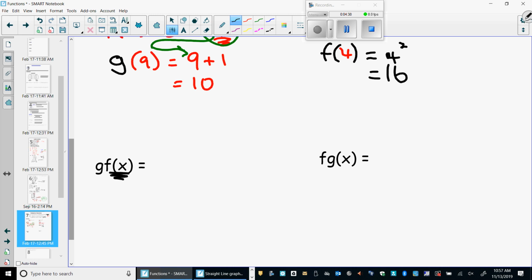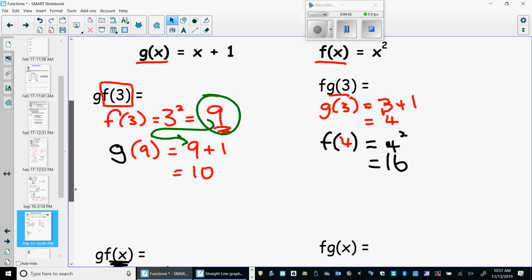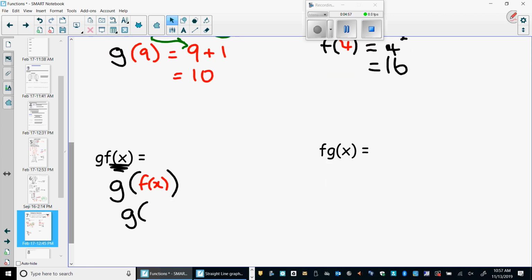Okay, so what you're going to do is substitute the whole function into the other one. So we are going to find G of f of x. That means that we're having G brackets x squared. Do you see that? Because f of x is x squared.